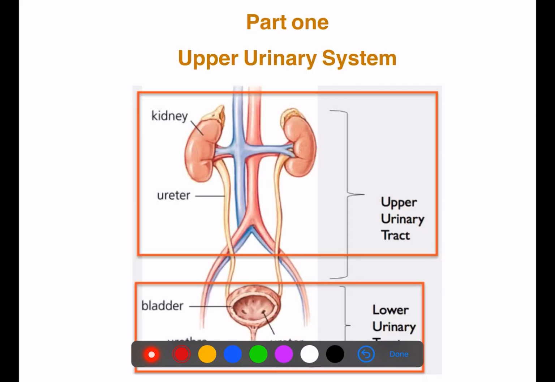Let's now begin to talk about part 1 of the urinary system, the upper urinary system. As we mentioned before, the upper urinary system consists of the kidney and ureter, and we will start with the kidney.